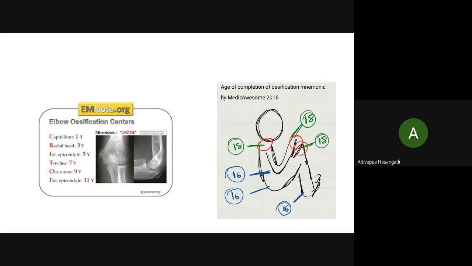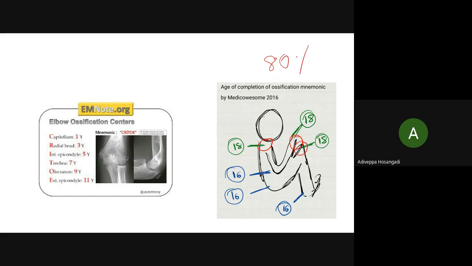Why this is important is, one, in age estimation, and second, if there is any osteomyelitis of these ends of the bones, it can damage the growing end. So it can affect the length of the limb. Please remember this. Growing ends contribute to 80% of the length of the limb.